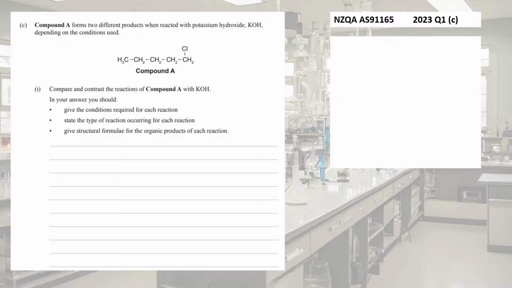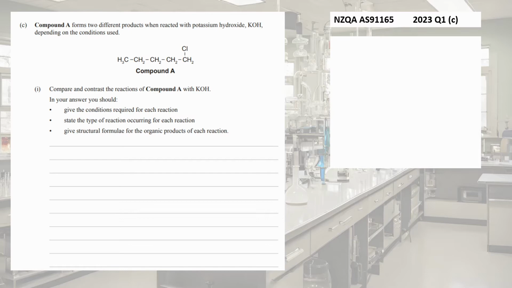So here they've got compound A, and it says it forms 2 different products when reacted with KOH. Now, because they've got KOH there, the first thing that we have to think about is, okay, we remember we only use potassium hydroxide under 2 different conditions. One dissolved in water, that is KOH (aqueous), and one dissolved in alcohol, KOH (alcohol).